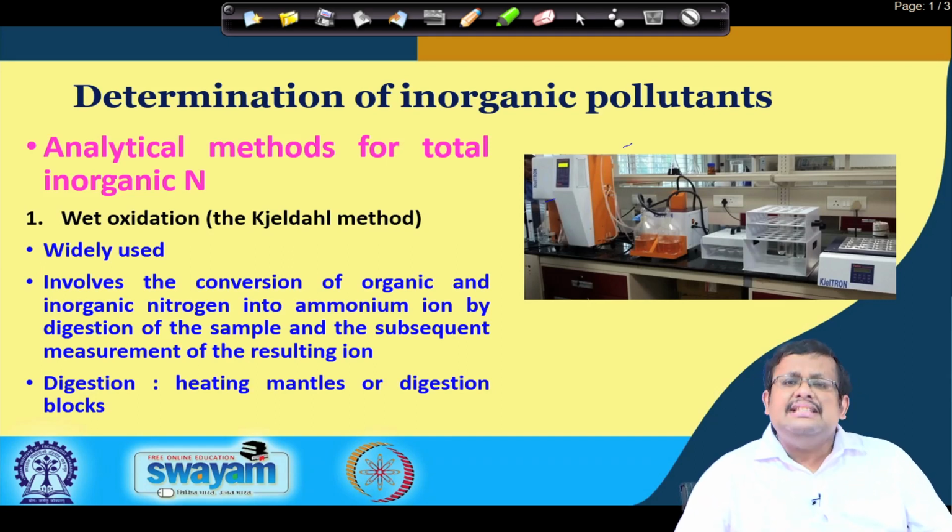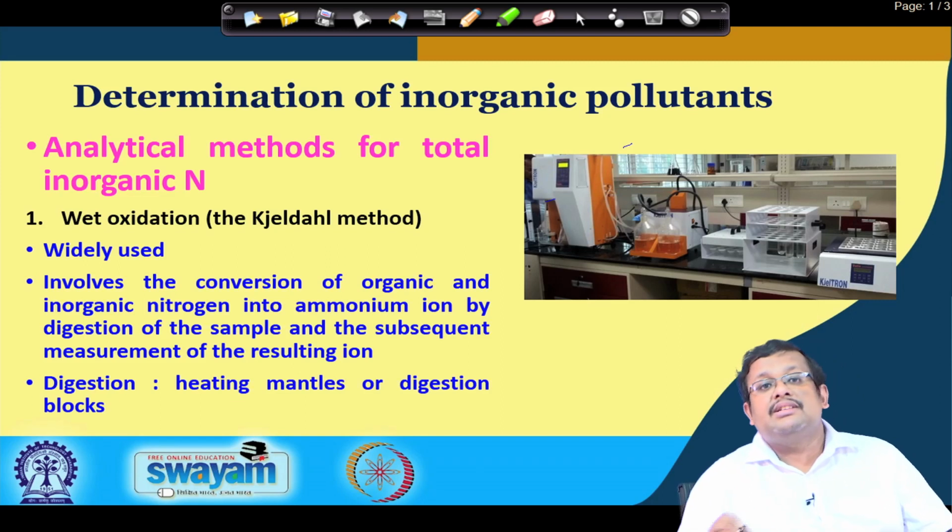This wet oxidation method or Kjeldahl method is a widely used technology, and it involves the conversion of organic and inorganic nitrogen into ammonium ion by digestion of the samples and the subsequent measurement of the resulting ion.